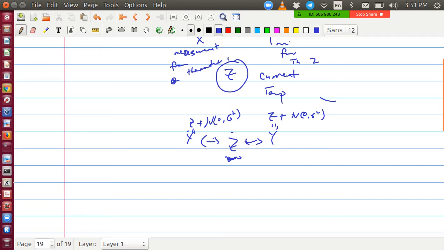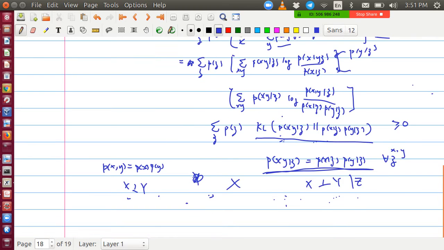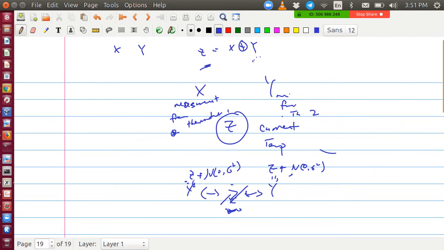Then in that case, it's very obvious: given z, these are just two noises, so they should be independent of one another. But if you are not given z, they should be dependent on each other, because they are both very related to z. So therefore, be very careful when you talk about independence and conditional independence.